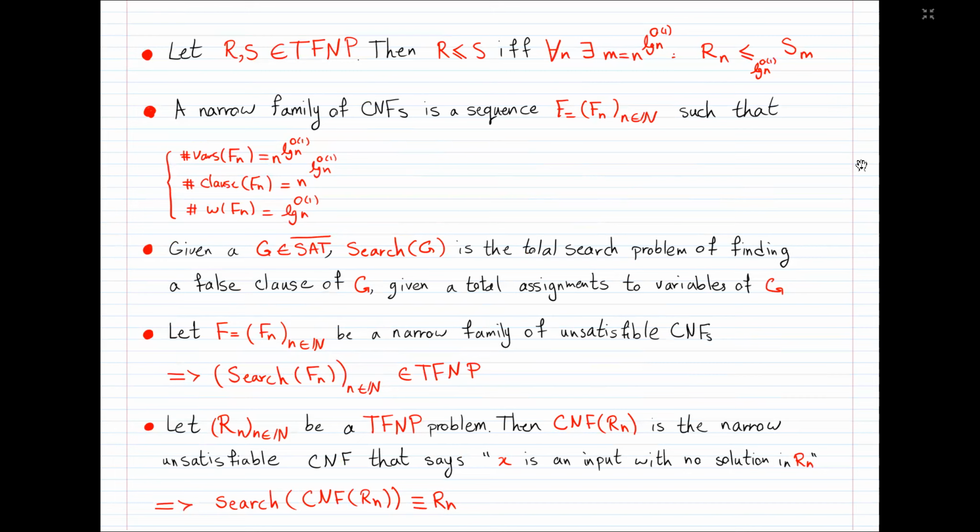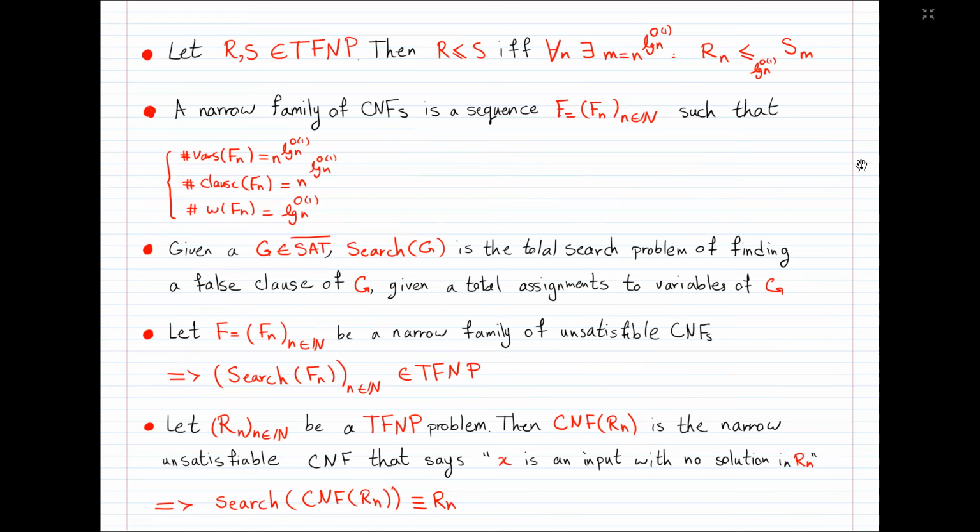So a narrow family of CNFs is a sequence F_n in which each F_n is a CNF, such that the following conditions hold. F_n has quasi-polynomially many variables, quasi-polynomially many clauses, and its width is polylogarithmic.